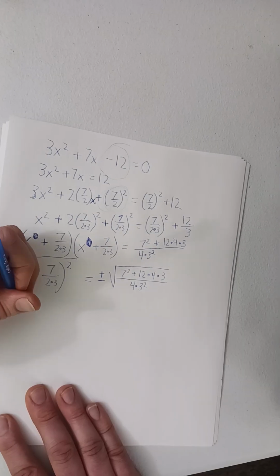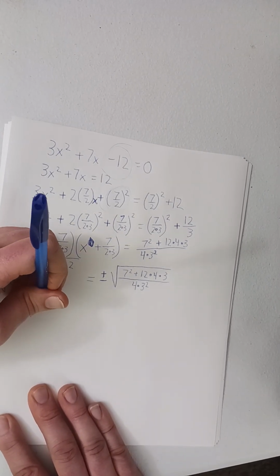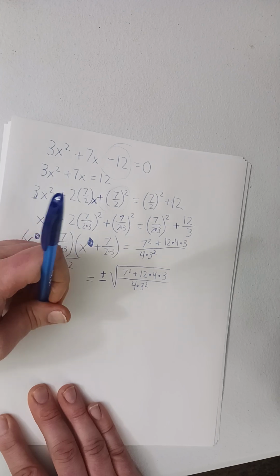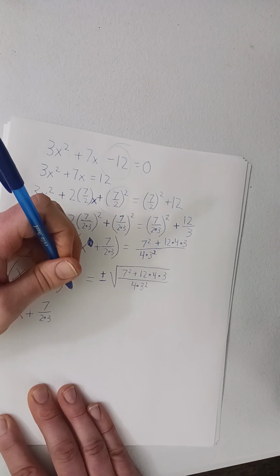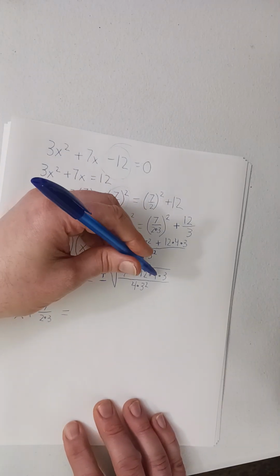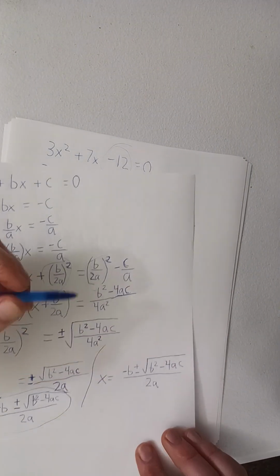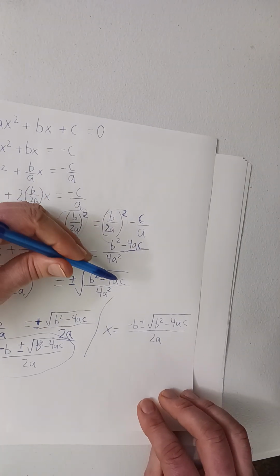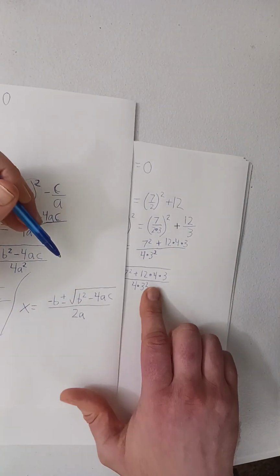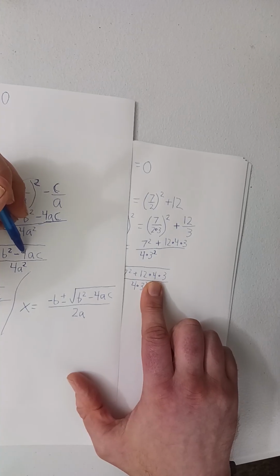So now we'd have x plus 7 over 2 times 3 equals, and we can simplify and rearrange this to make it more like the quadratic formula. We have b squared minus 4ac. So here, the 4 is right here, right? We can put 4 at the beginning.